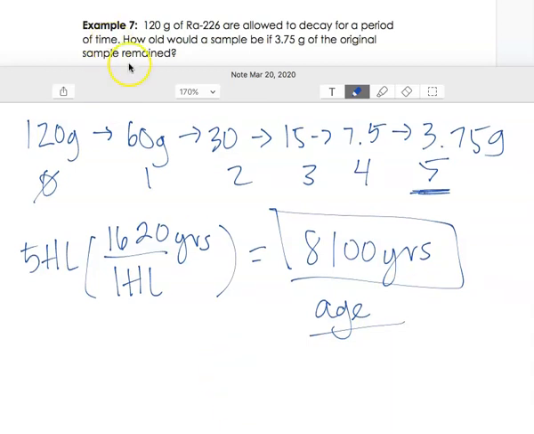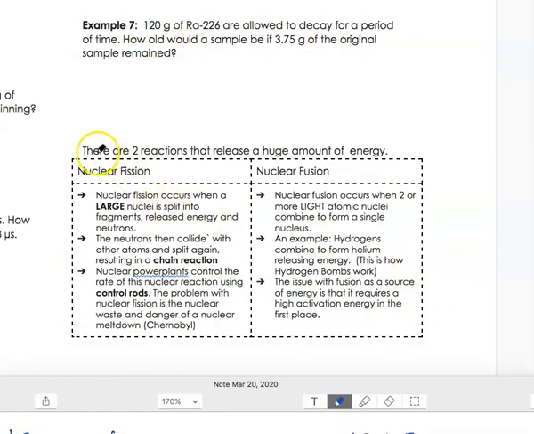All right. And the last thing is this. There are two types of nuclear reactions that produce a huge amount of energy. The first one's called nuclear fission, and you guys can read about that. Basically, this is what nuclear power plants do to make a huge amount of energy. And we usually use neutrons, so neutrons slam into a very heavy nucleus and it triggers a burst of energy to be released when the nucleus is split into fragments.